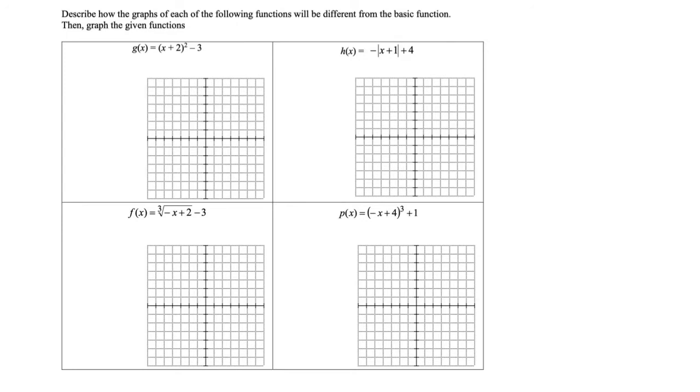So over to the side, remember we take what's on the inside here, that x plus 2, set that equal to 0, so we get x is negative 2. So we see that we are going to move left 2, and then we are going to also move down 3.